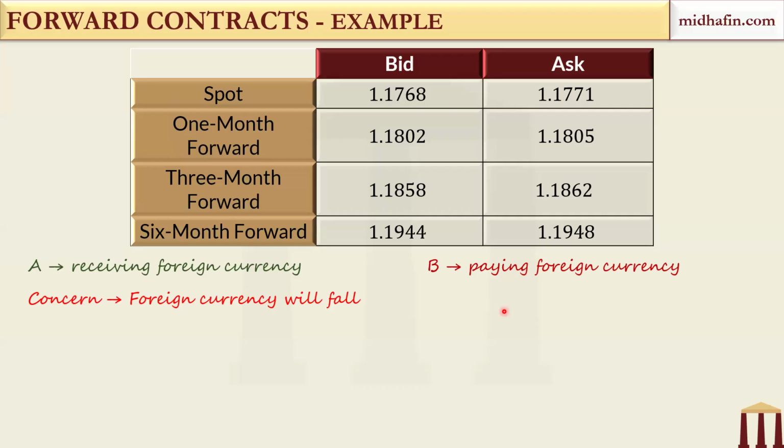Let's say the rate today, hypothetically, is 85 rupees for every dollar, and after 3 months the rate becomes 87 rupees for every dollar. So the foreign currency, the dollar, has appreciated with respect to the rupee in 3 months. Earlier it was 85, now it's 87. So for every dollar, you'll have to pay 2 rupees extra. So that is your concern.